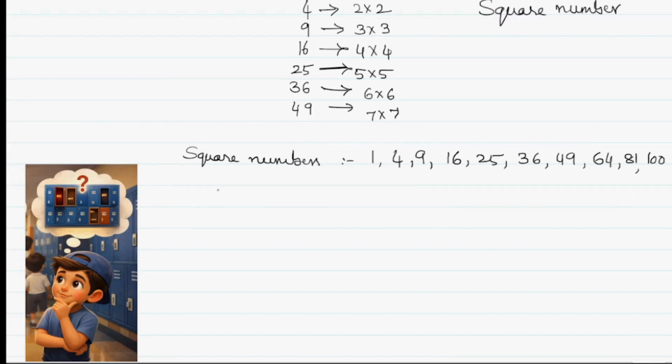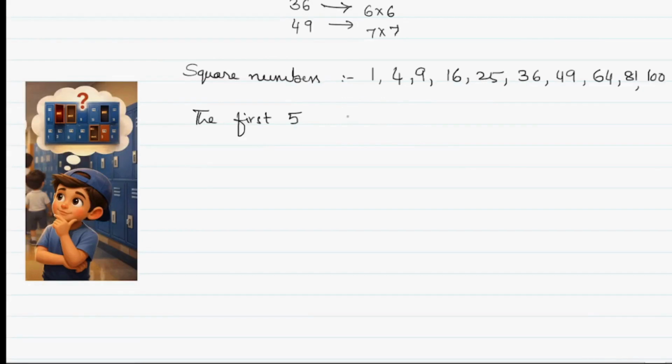The second puzzle will be the first 5 lockers which were touched only twice. Touched means you should remember factors, right?